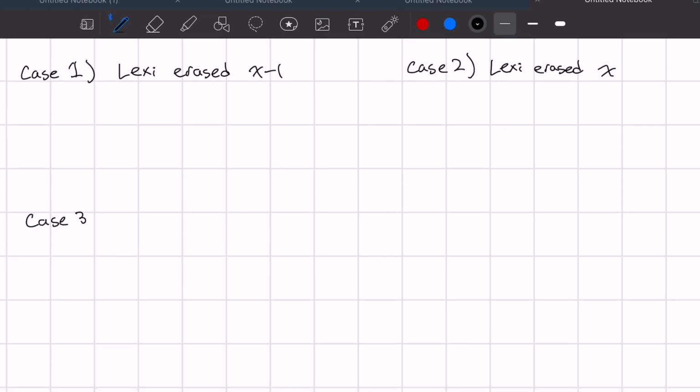Case 3 would be Lexi erasing x plus 1, and case 4 would be Lexi erased x plus 2.